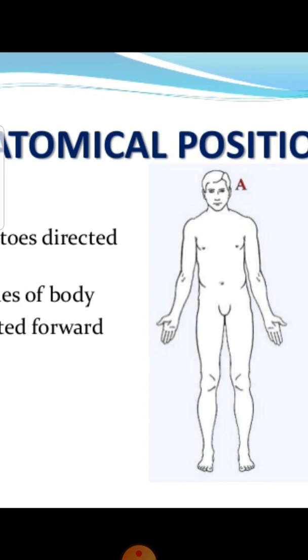Erect means the person is standing up. His arms are at his sides and his palms are facing forward. His feet are also facing forward and his head is also pointing forward. So this is the anatomical position.